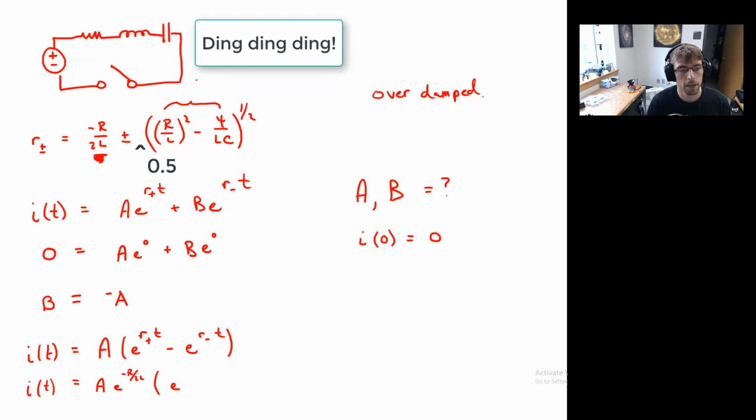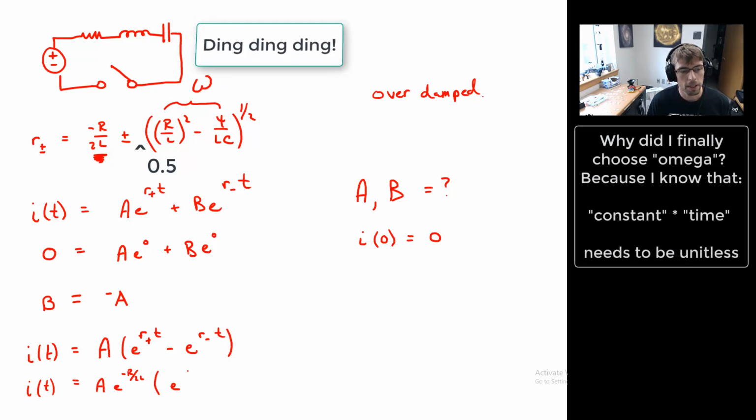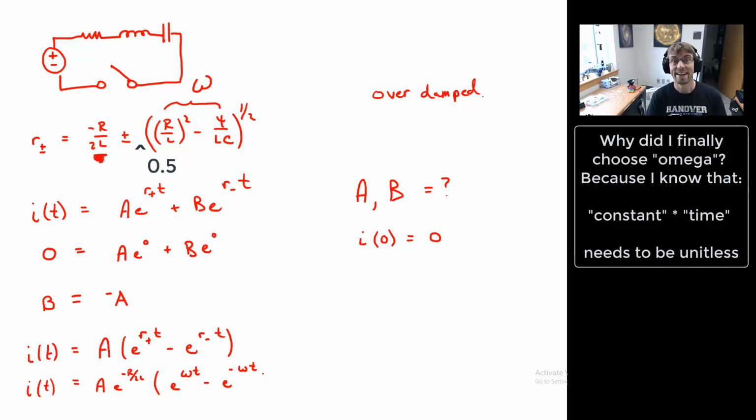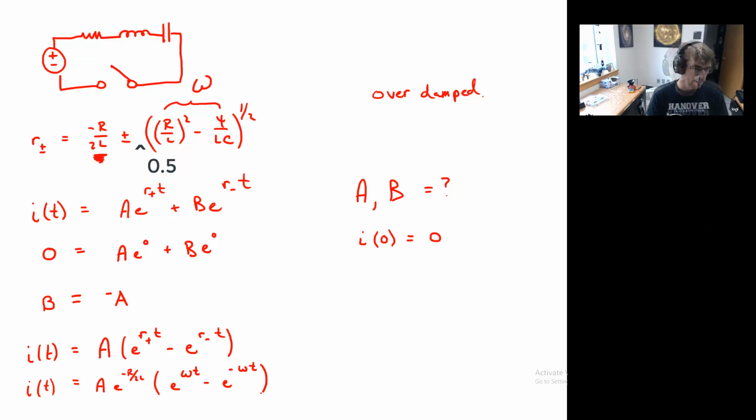So I have e to the omega t minus e to the negative omega t. Excuse me, I dropped a t here. There should be a t here.